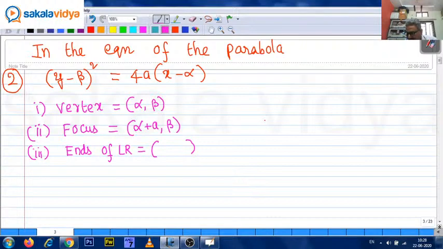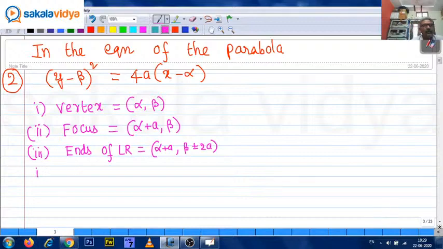A comma plus or minus 2a, so we can write alpha plus a comma beta plus or minus 2a. For all values you need to add alpha comma beta, that's all. That's the way you will get it.